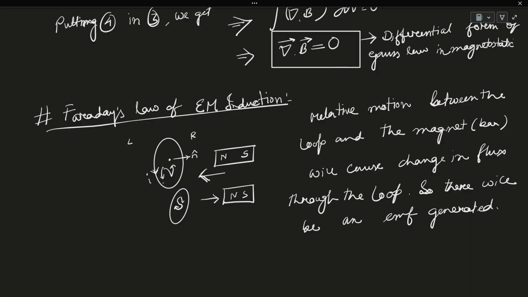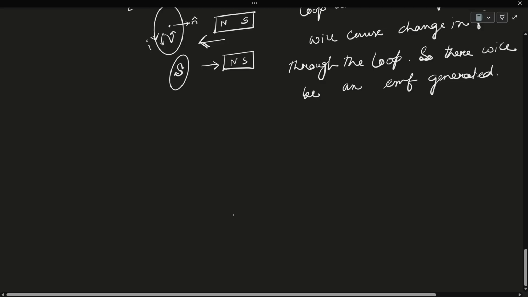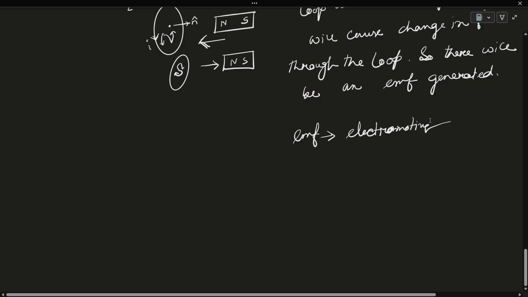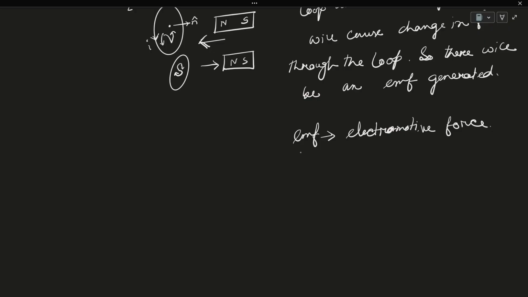Okay, since current is flowing in this circuit, we can say that there is an EMF generated, right? What does EMF stand for? EMF stands for electromotive force. Okay, so what is the amount of this EMF which is generated?